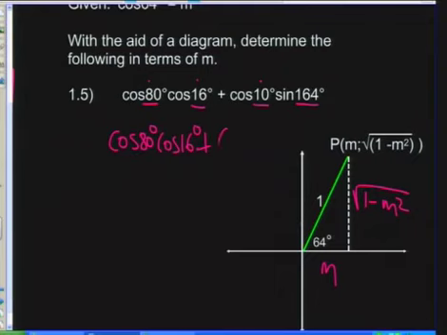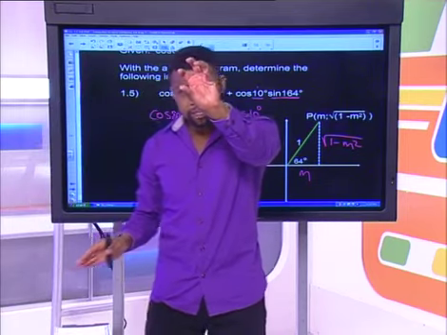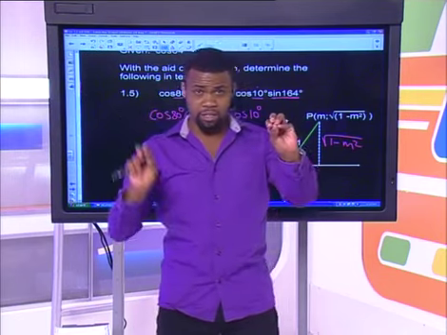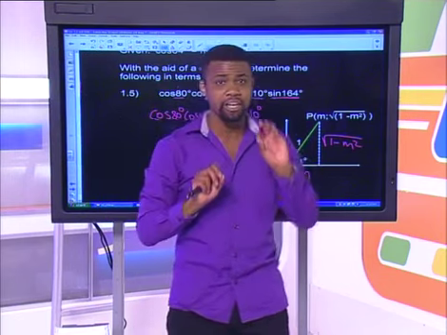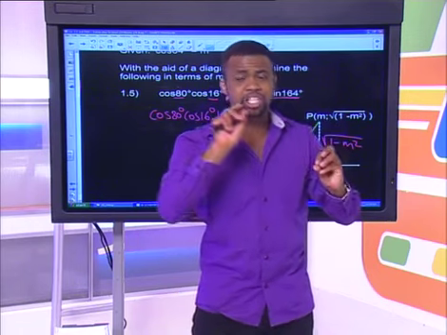Okay, then how can I reduce 196? Using my reduction formula. Where is 196? You have 0, 90, your Cartesian plane. You have 0 there, 90, 180. Where's 196? Second quadrant. In the second quadrant, what do we have? 180 minus theta.